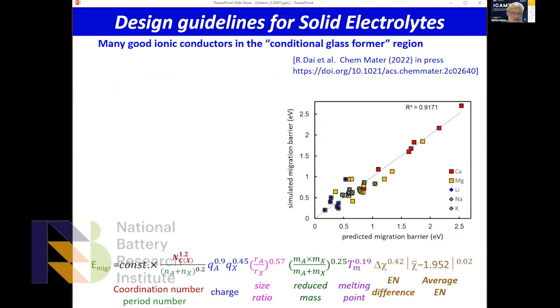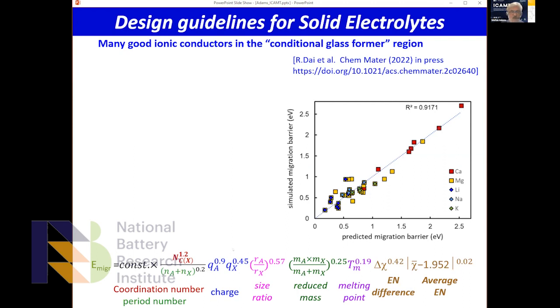We can also look across many mobile ions at what generally helps ion transport. Here, the migration barrier would increase, so transport would become worse and worse, if you have a high coordination number or high charges. That's why monovalent ions like lithium and sodium are always the best choice.